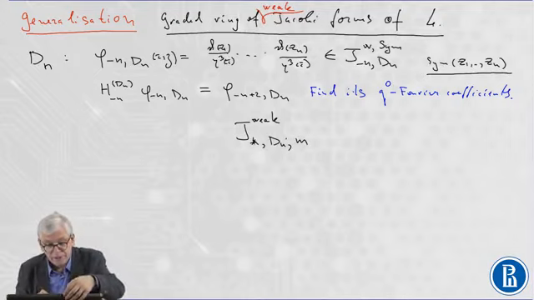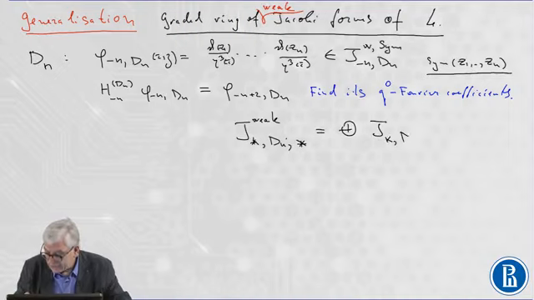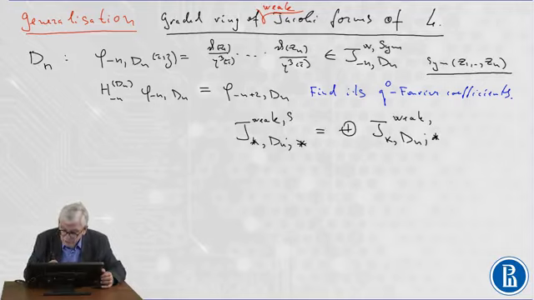So here I also put a star. This is a graded ring, J_{*,D_n,*}^{weak}, and all these functions, we consider only symmetric functions.